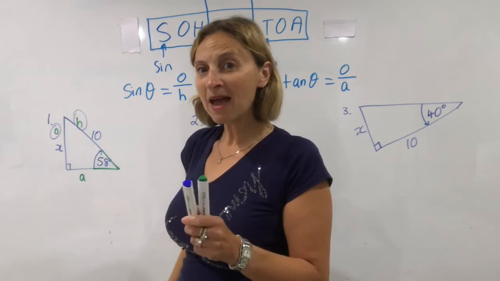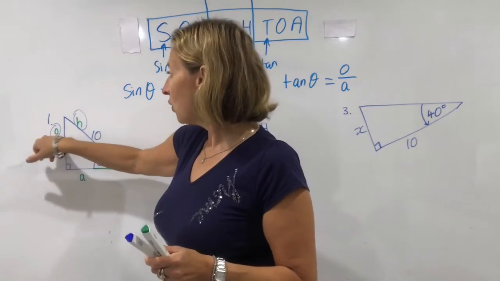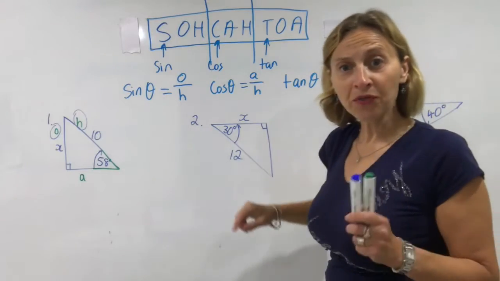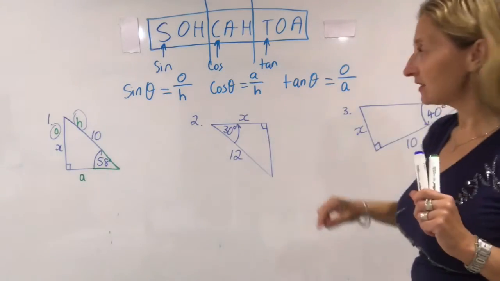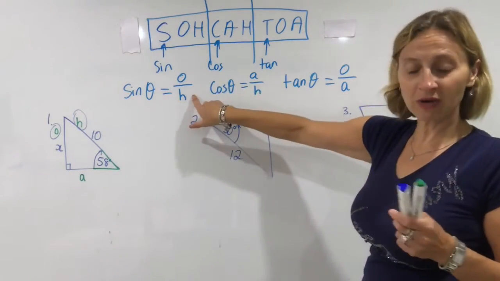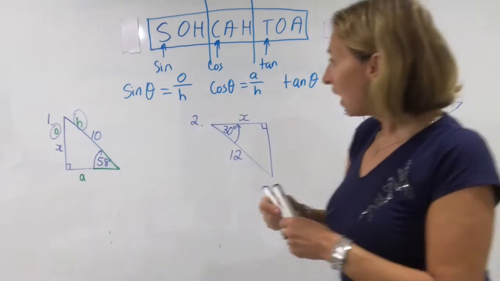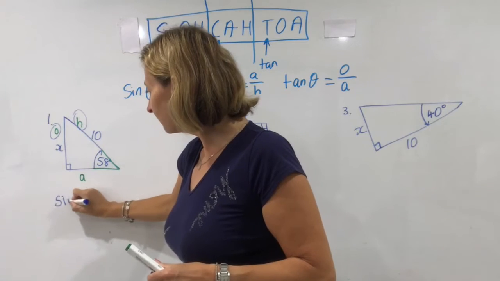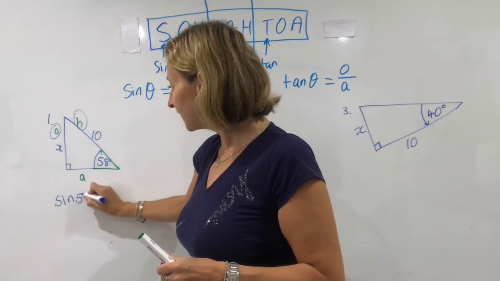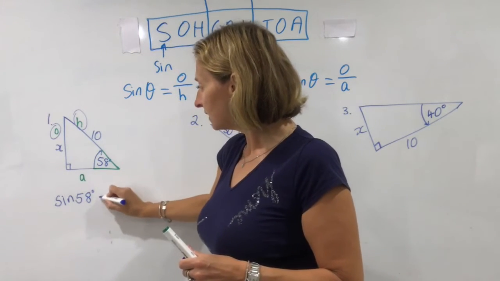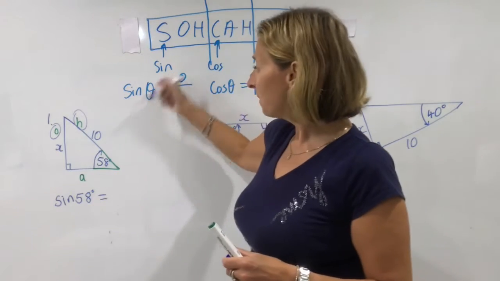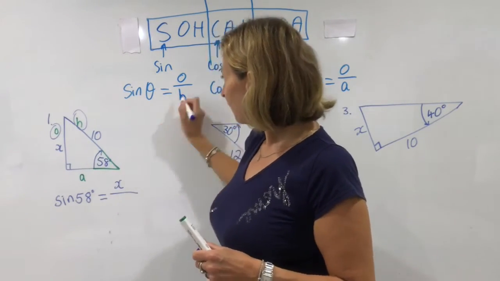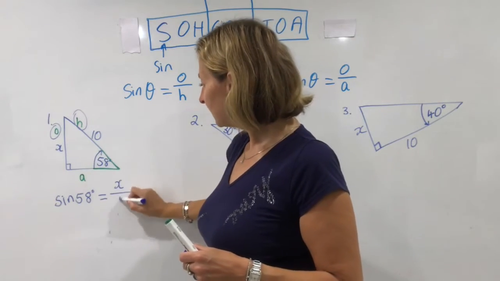The sides that I'm actually interested in are O and H. Which one of Sohcahtoa has both O and H in it? Hopefully everybody agrees that that's sine. So I need to write out my rule. I have sine the angle, which is theta, 58 degrees, equals the opposite side, which is x, over the hypotenuse, which is 10.